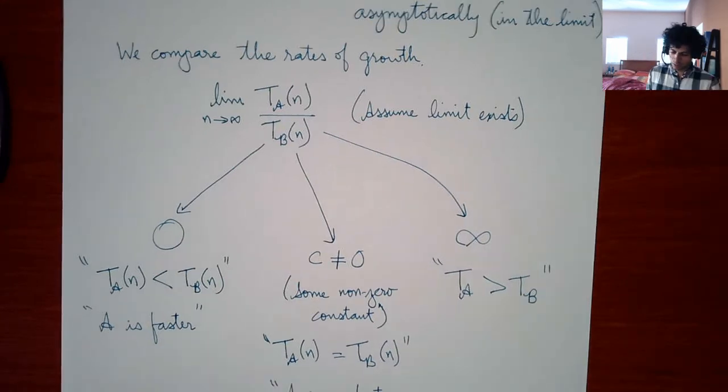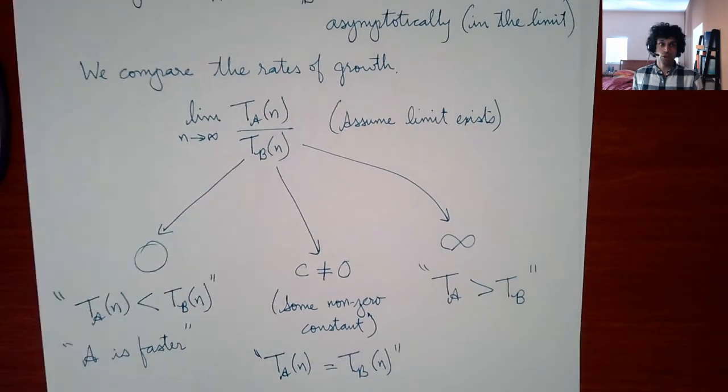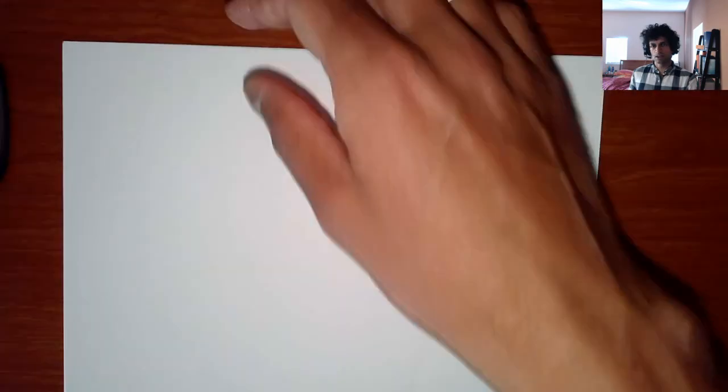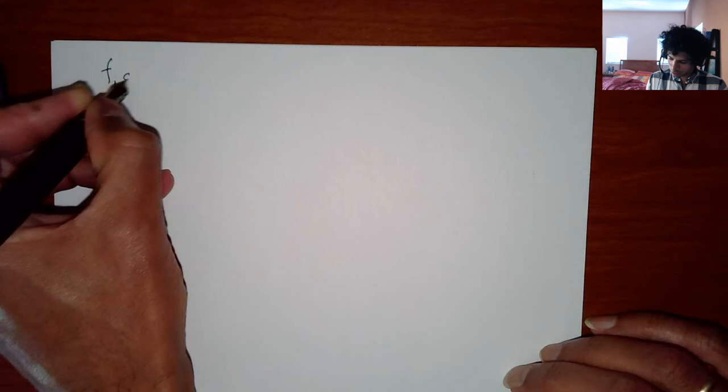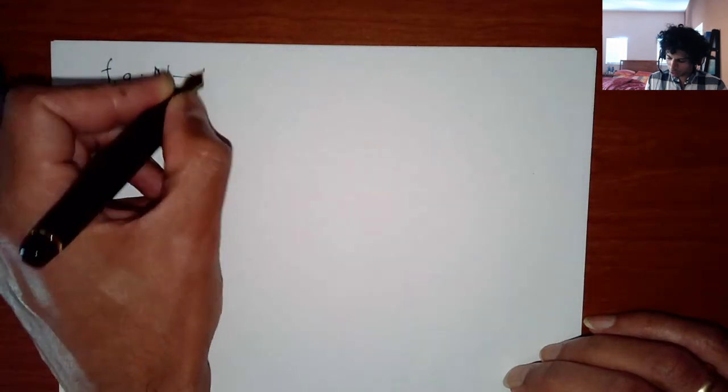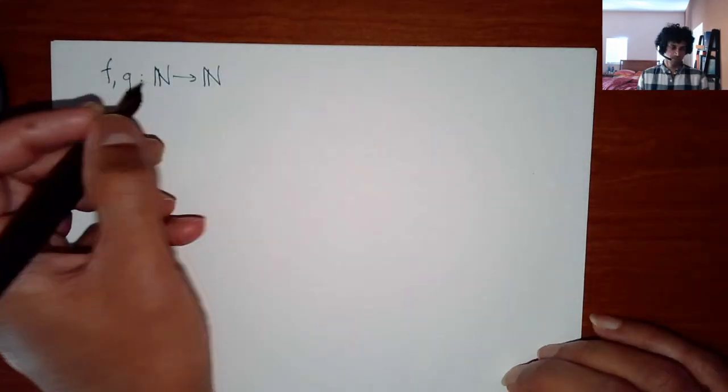All right. Now I'm going to go to big O notation, and I'm going to generalize this and write it in more mathematical form. So let f and g be two functions from natural numbers to natural numbers.